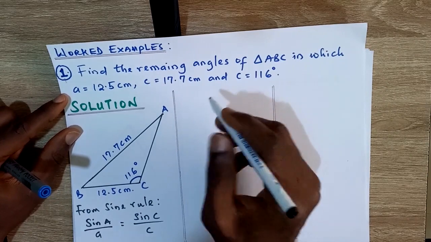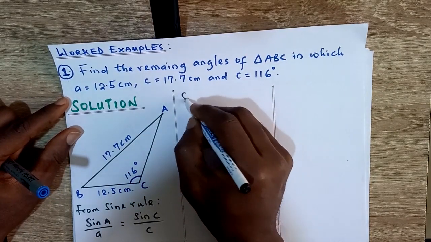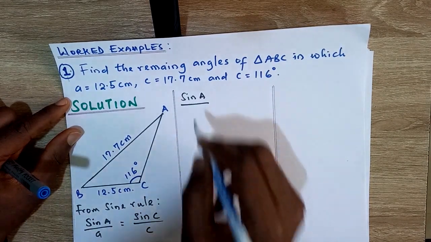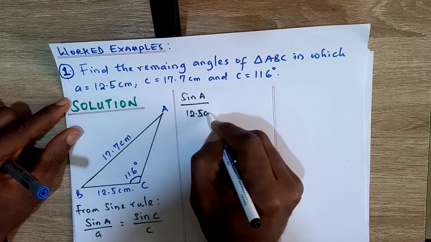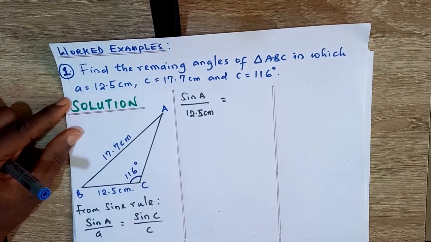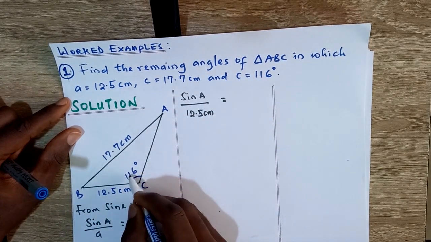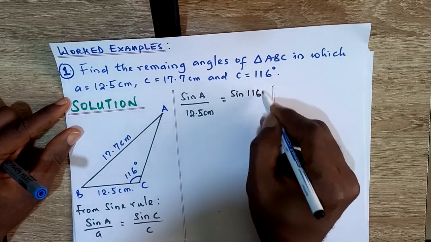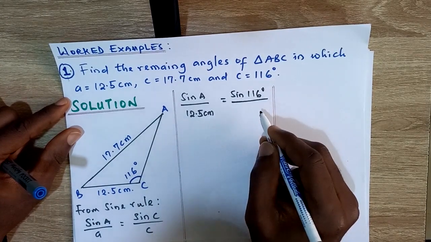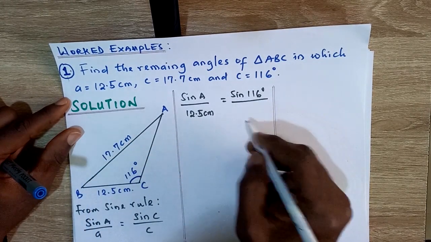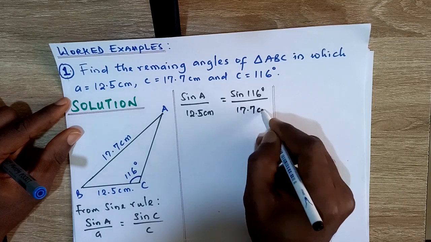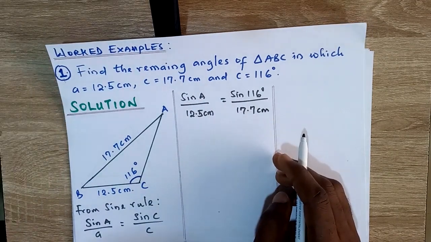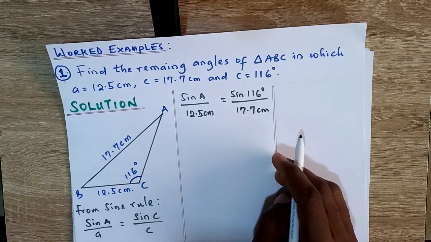So let's substitute the parameters in the formula. That means we should have sine A, our unknown, divided by the corresponding side a, which is 12.5 centimeters, equals sine 116 degrees, since the angle at C is 116 degrees, divided by the corresponding side c, which is 17.7 centimeters. Now, our unknown is the angle at A. So let's make sine A the subject.